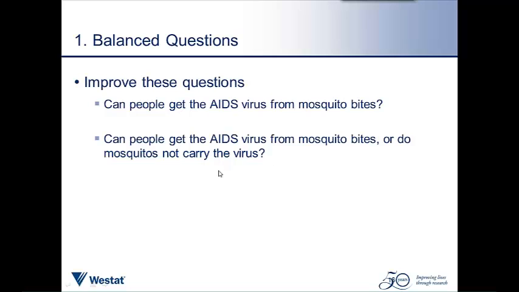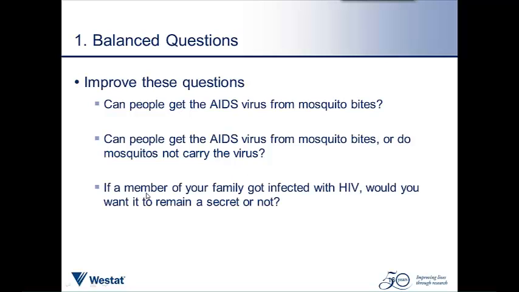A simple way to improve that question might be, can people get the AIDS virus from mosquito bites, or do mosquitoes not carry the virus? That would give people a way of expressing that they don't think people can get the AIDS virus from mosquito bites.